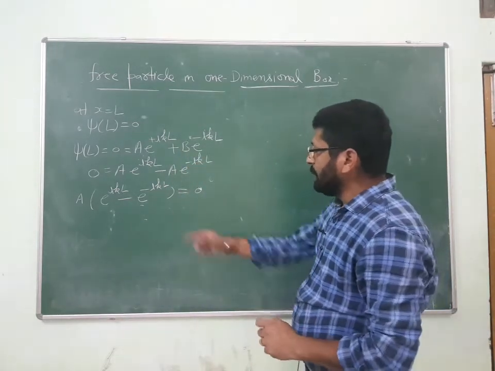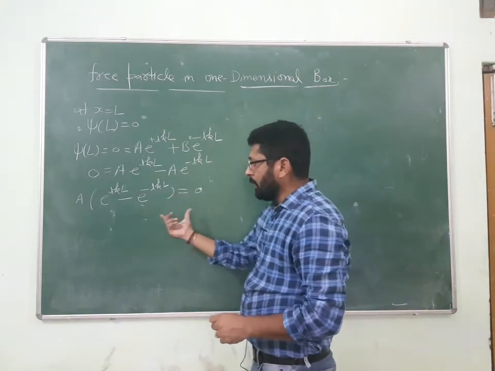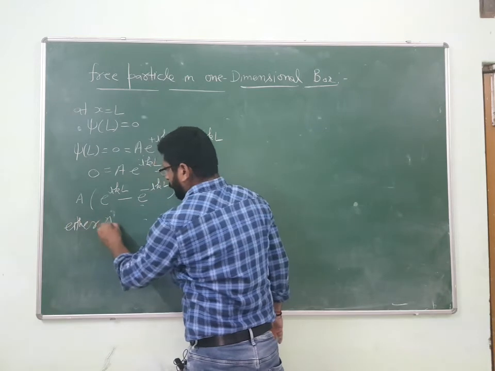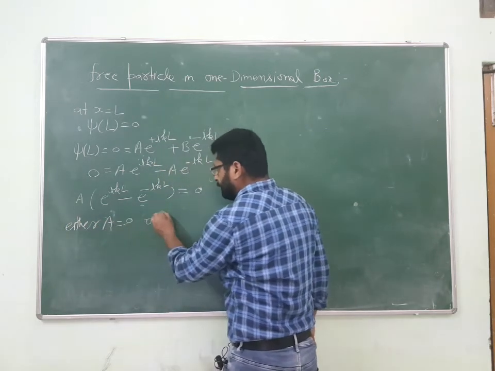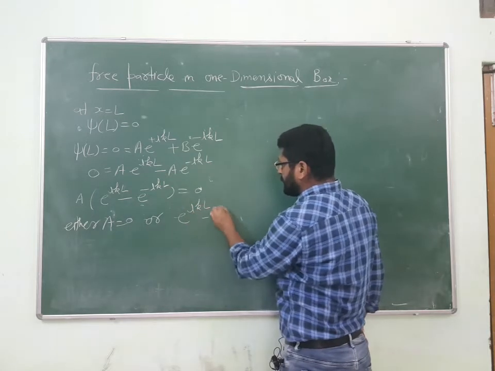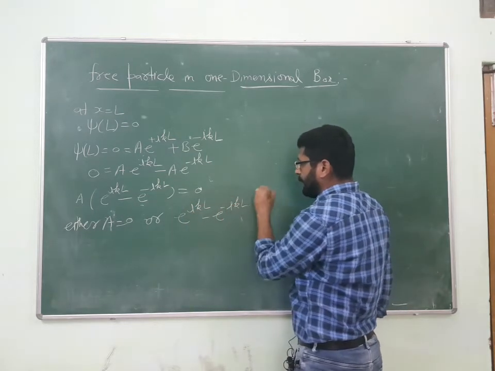Now this equation will become 0, either a is 0 or this term is 0, exponential iota kL minus exponential minus iota kL.